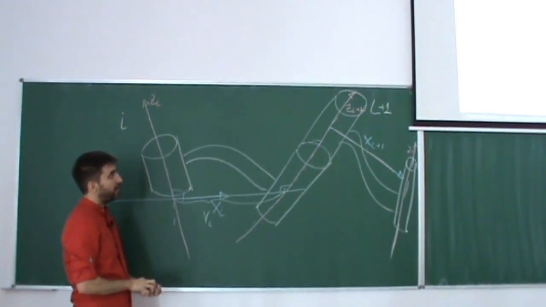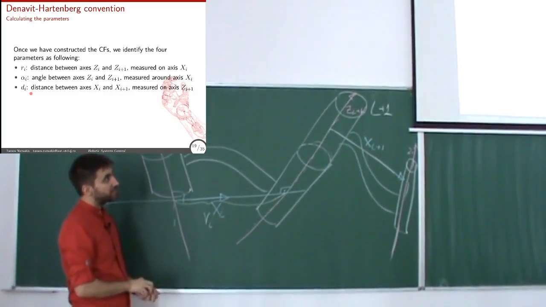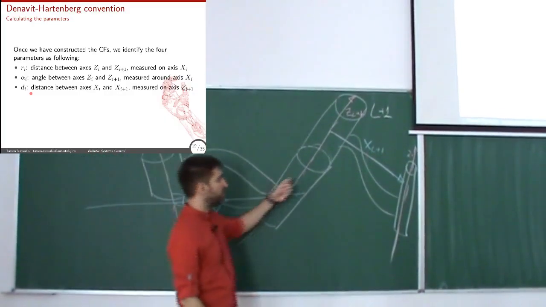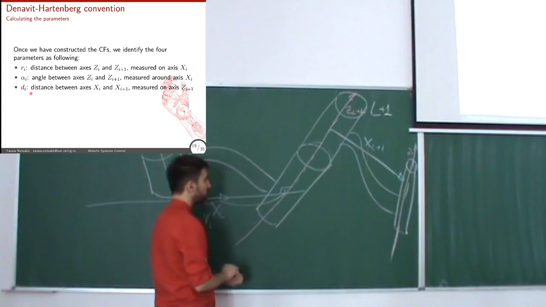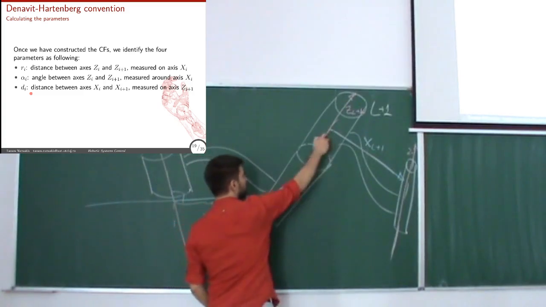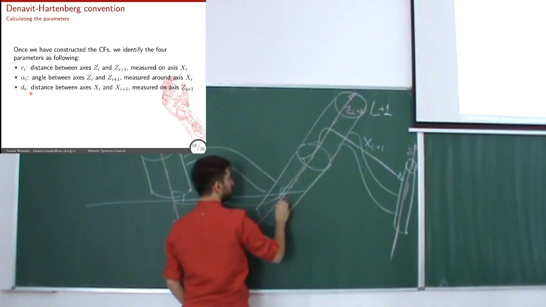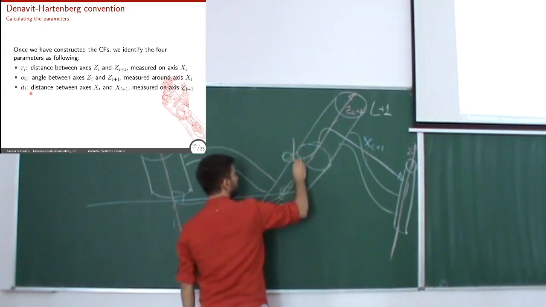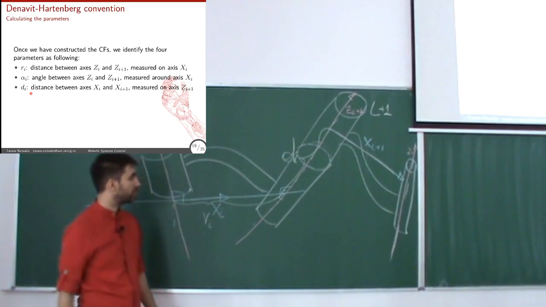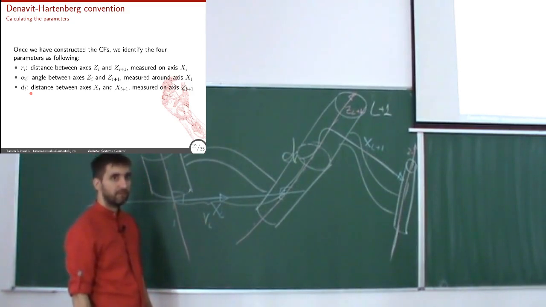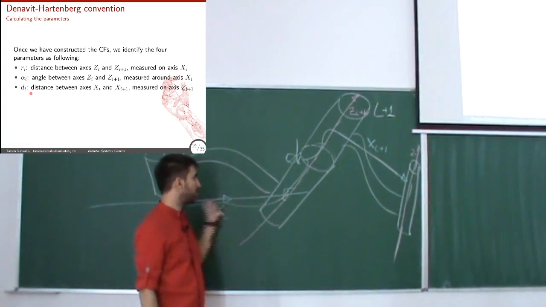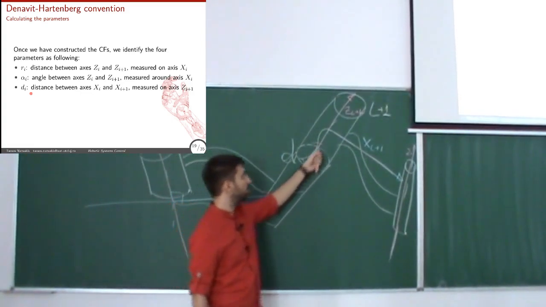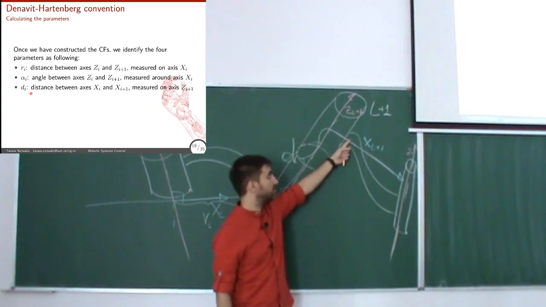Then I have di, the distance between xi and xi plus 1, along which axis? Along the zi plus 1. So this distance, this is my di. So from here to here, distance along xi. From here to here, distance along zi plus 1. This is zi plus 1.